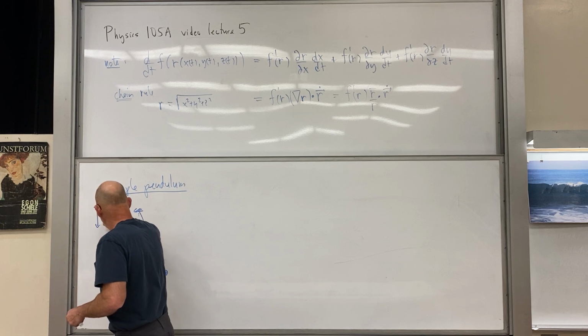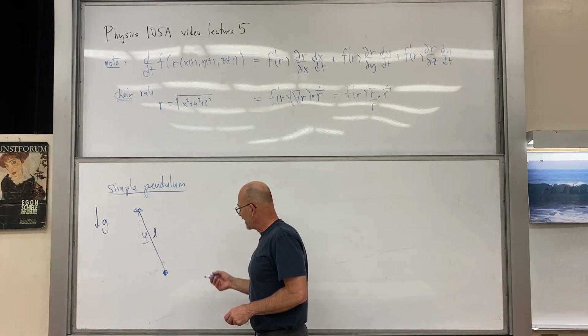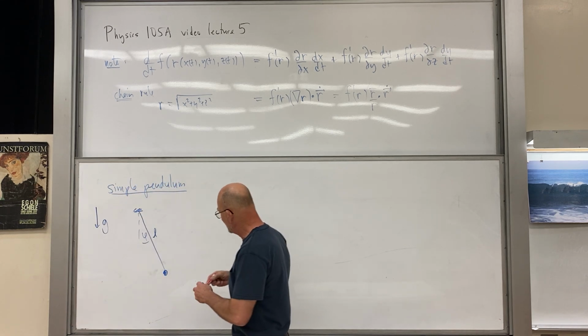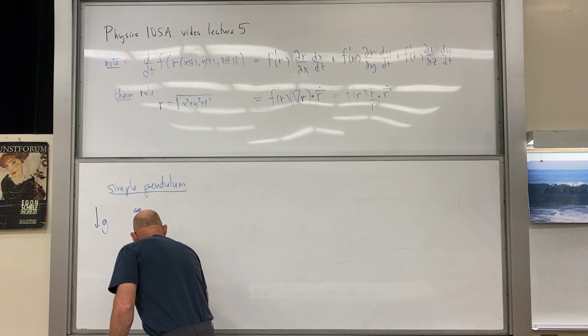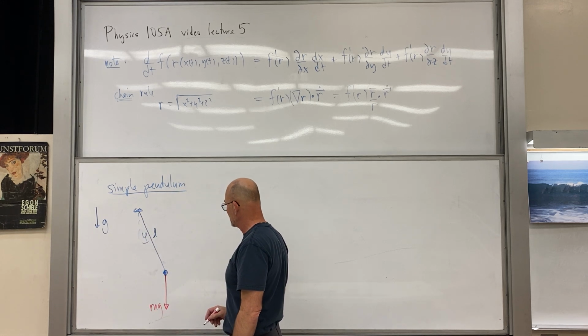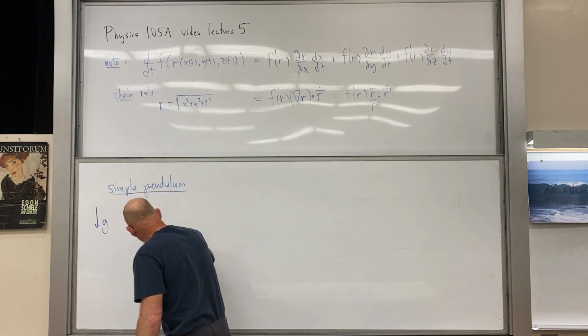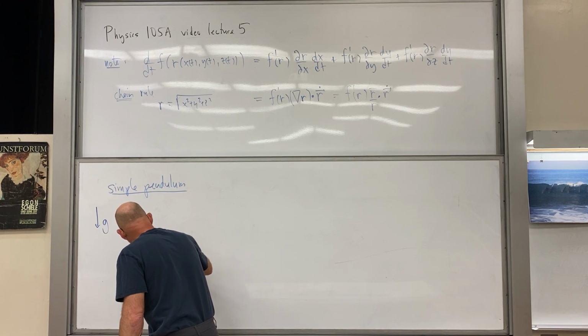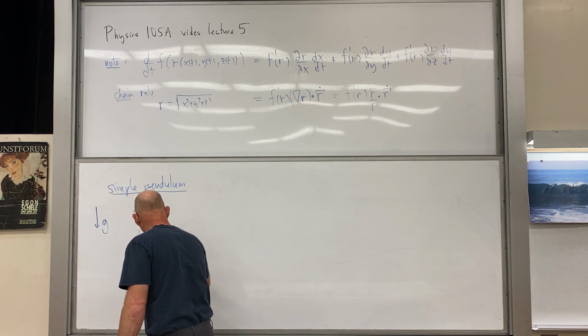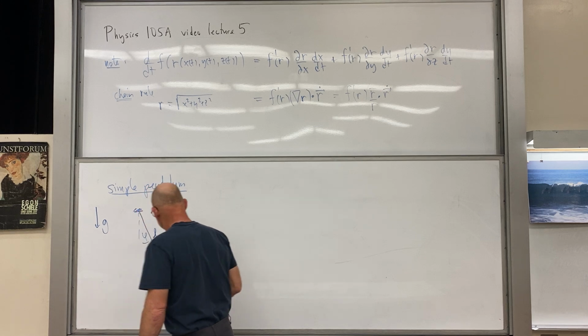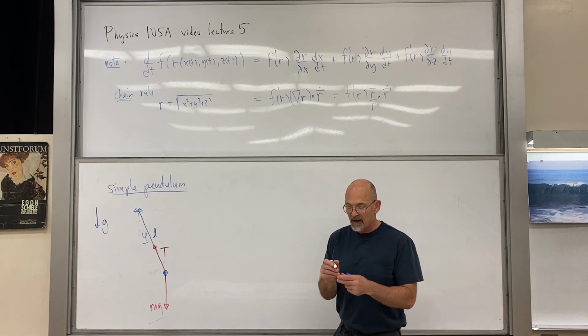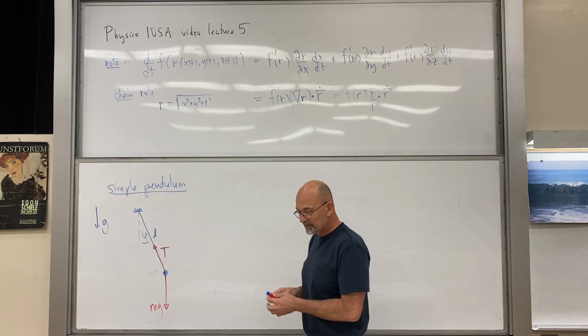Gravity points straight down. If we do a free body diagram, there is the weight, and the only other force is this tension here. But let's talk about our coordinate system.